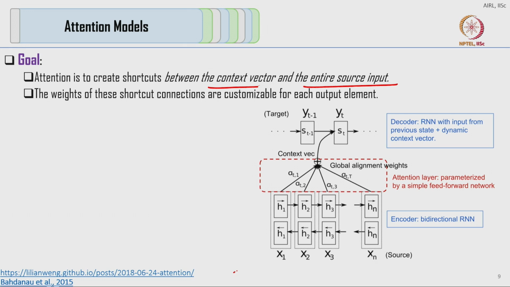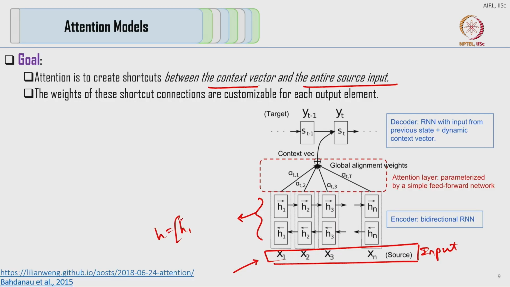So, let us take this particular example. We can see that this is the input or the source. We also observe that it has a specific hidden layer. We can identify the hidden states as H1, H2, so it is taking both the hidden states.